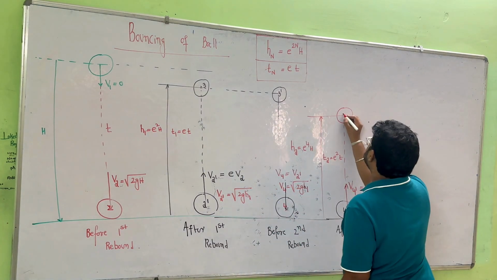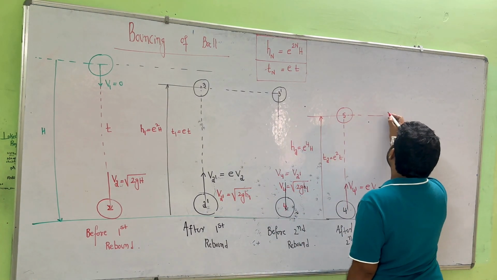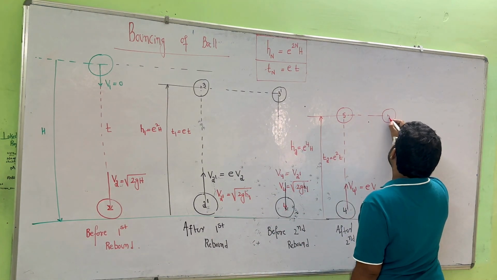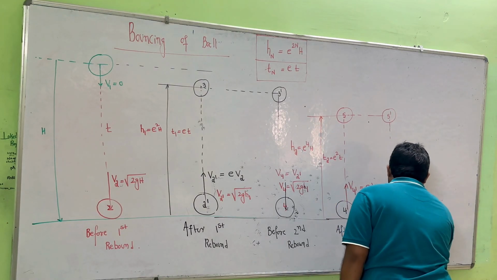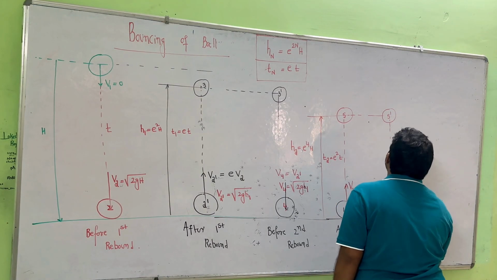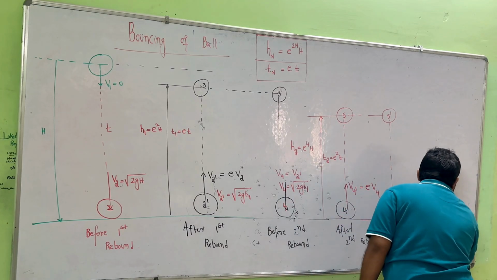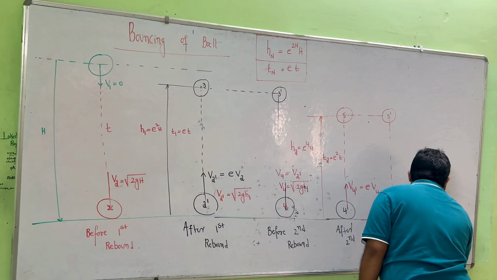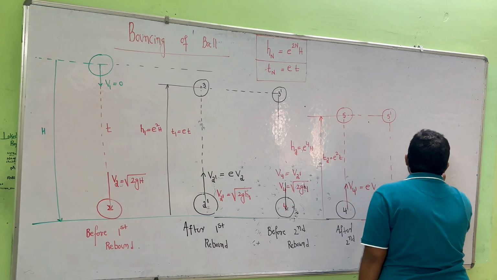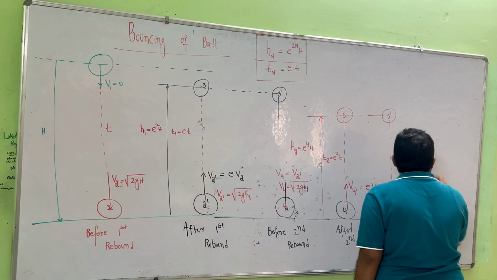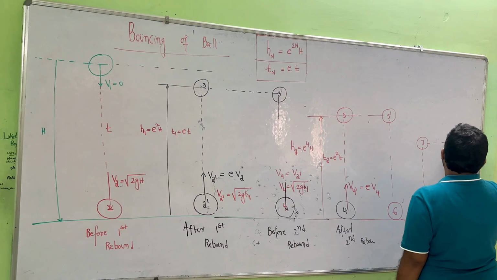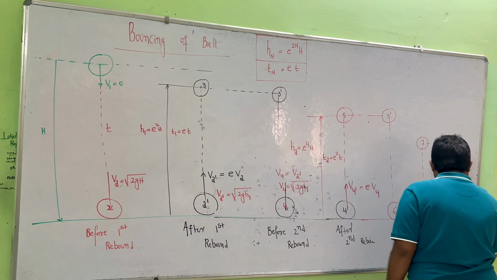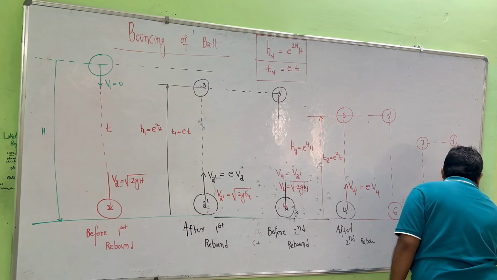So it will go up to 5 and then 5 dash. It will come up to here. This is 6, and here 6 dash. It will go up to here, this is 7 dash, up to here. This would be 8.